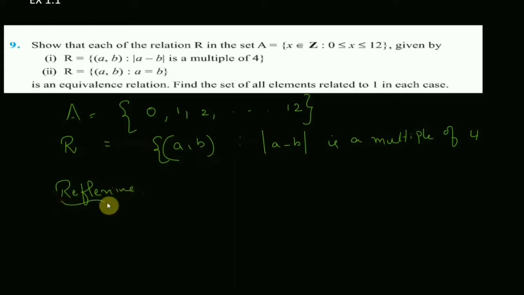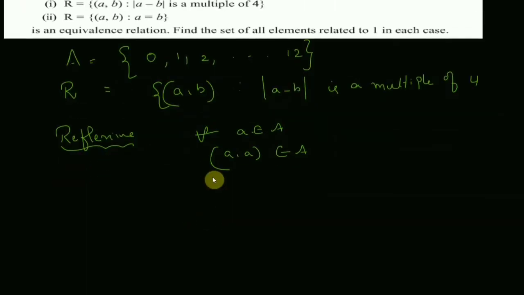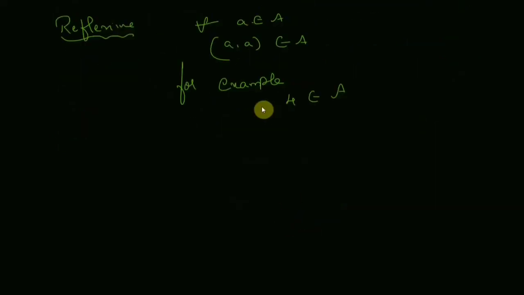Let us check whether it is reflexive. This relation R is reflexive. So how do you prove it is reflexive? For every element a belonging to A, (a, a) should be there in R. For example, 4 belongs to A. (4, 4) is in R. What is the modulus of 4 minus 4?